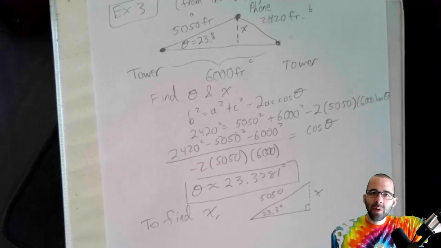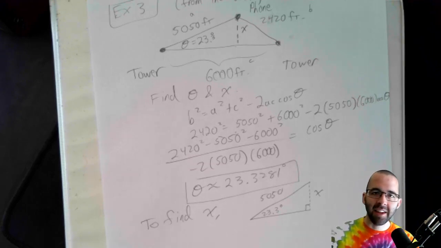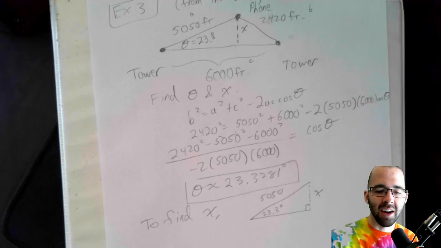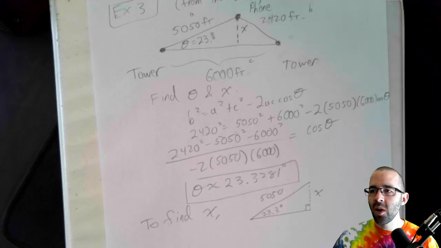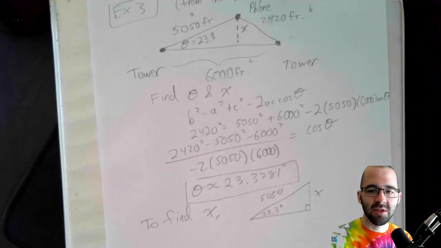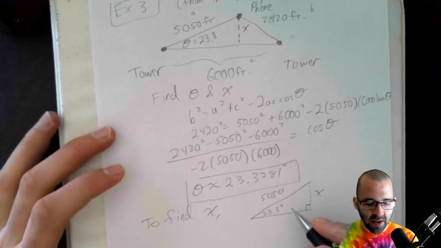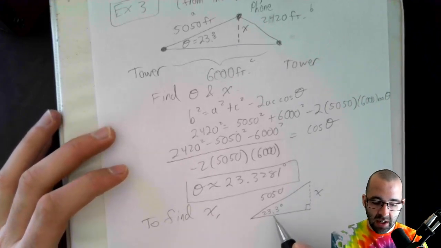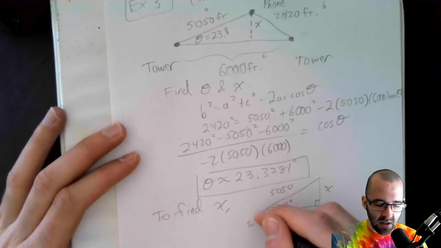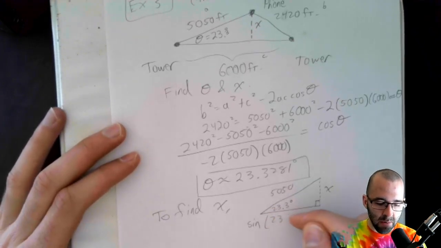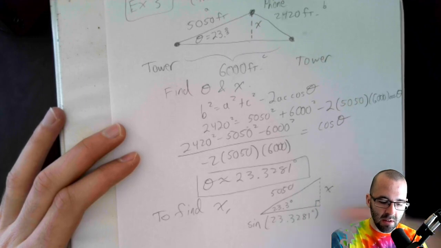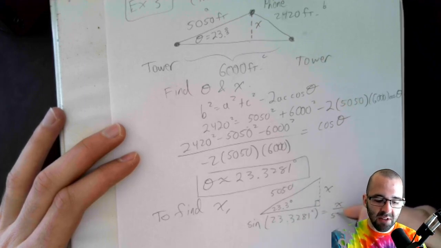We are all the way back to the beginning of class, chapter 7. We've solved these things before. So this is a right triangle, so we can use trig. Sine of this angle is x over 5050. Sine of 23.3281 degrees equals x over 5050.